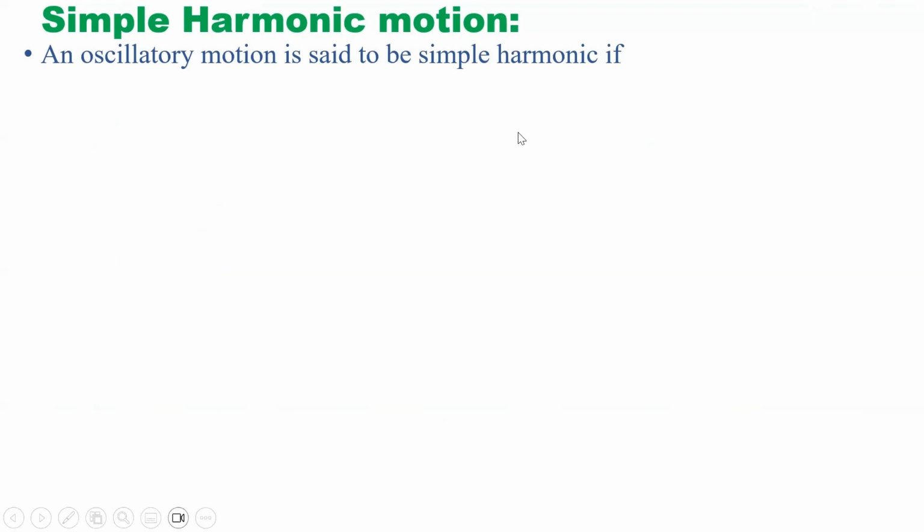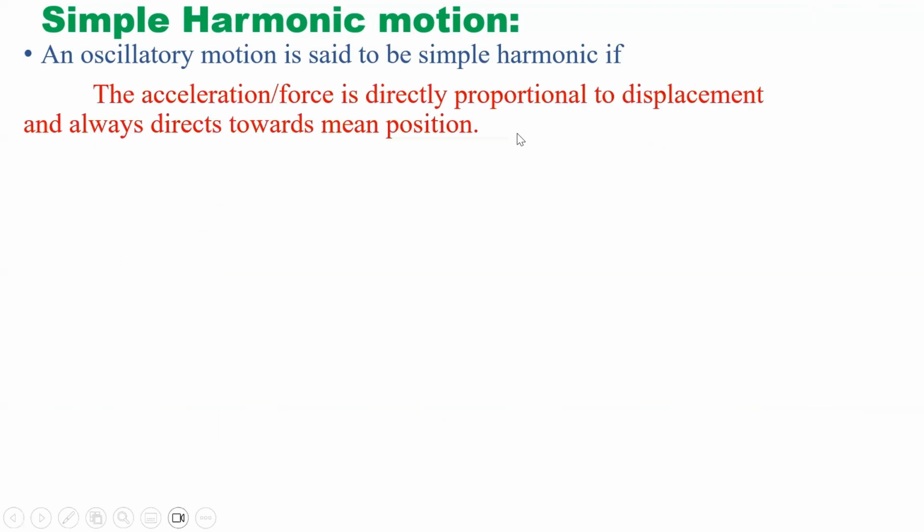Condition one is that the acceleration or force is always directed towards the mean position, that is the equilibrium position. The second one is that the acceleration or force is directly proportional to the displacement.